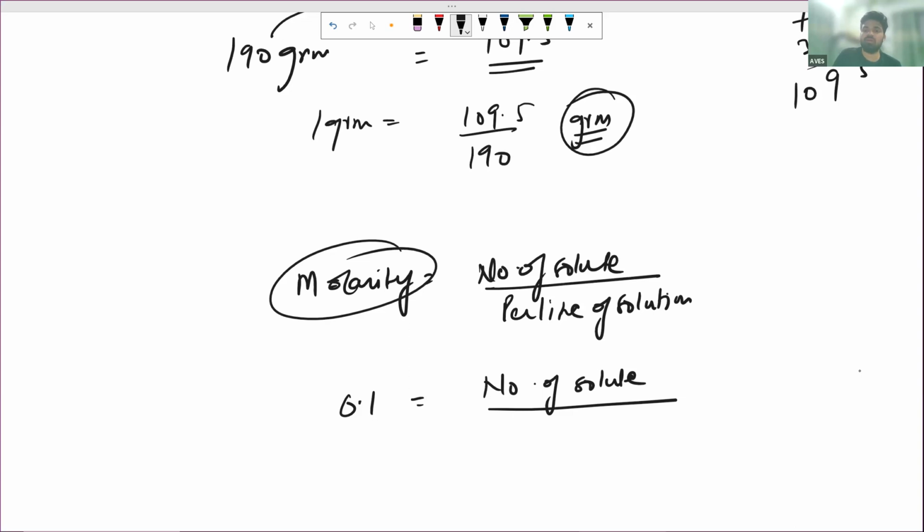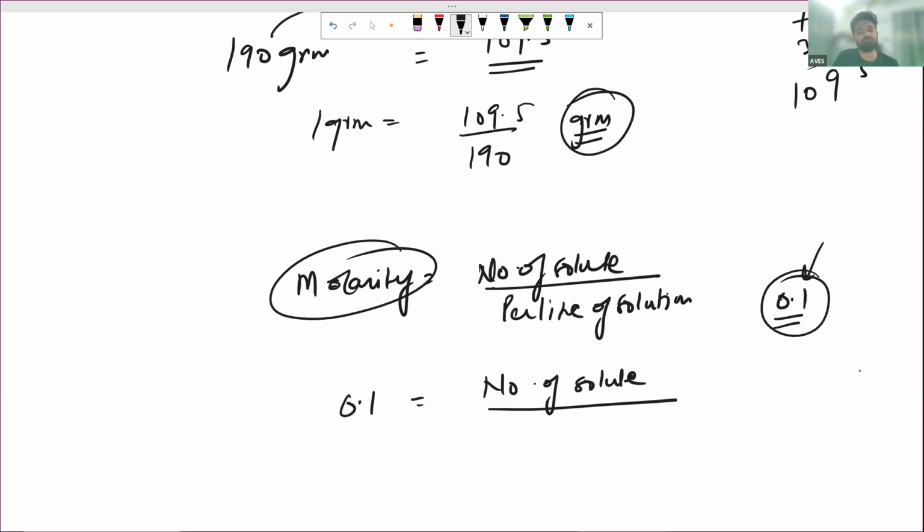How many ml? So it means that 0.1 mole of HCl is present in 1 liter of solution. Okay, 0.1 molarity of solution means that 0.1 mole of HCl is present in how many liters of solution? In 1 liter of solution.